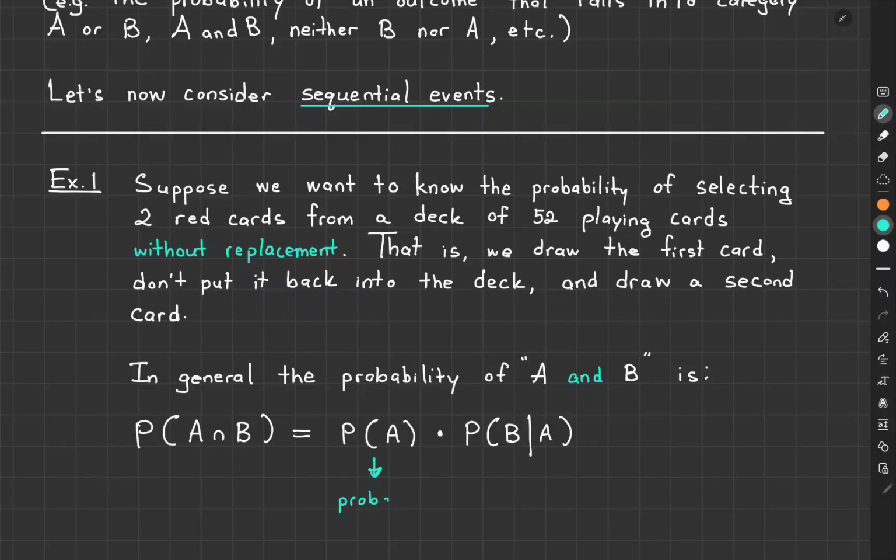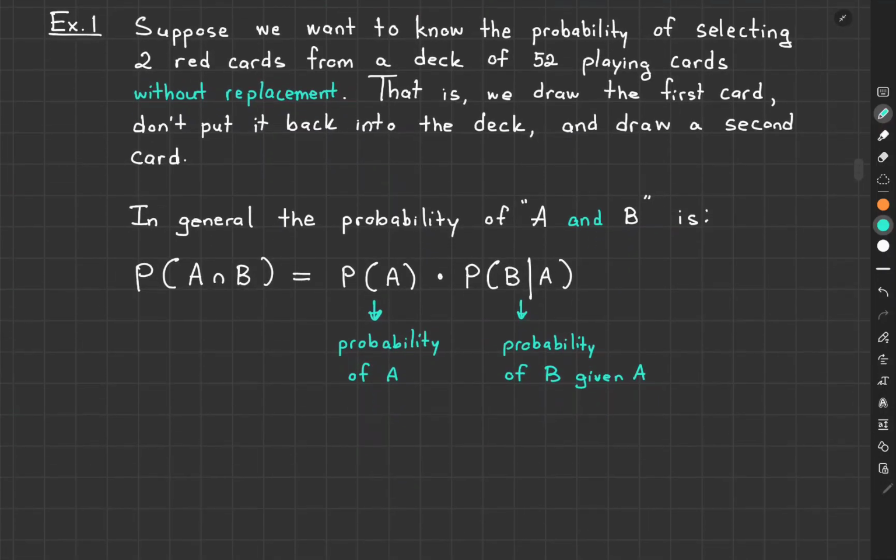So this is our first event, the probability of A, and here we have the probability of B given A. This is the formula we're going to use when we have dependent events.